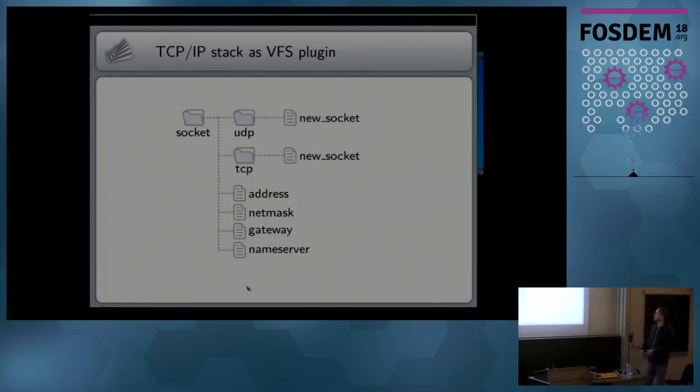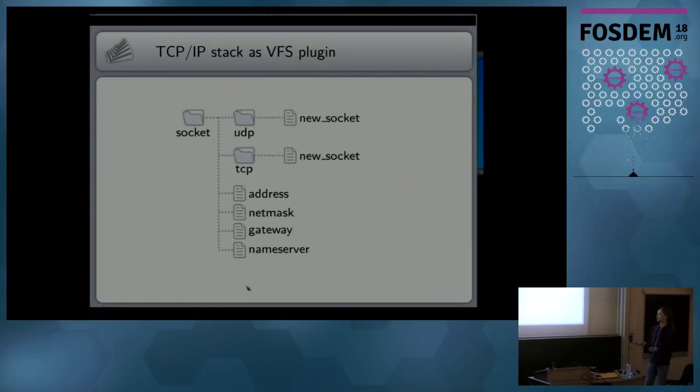The LXIP plugin for the VFS creates a directory structure with a socket directory, and in there you have information provided through files that comes from your DHCP.